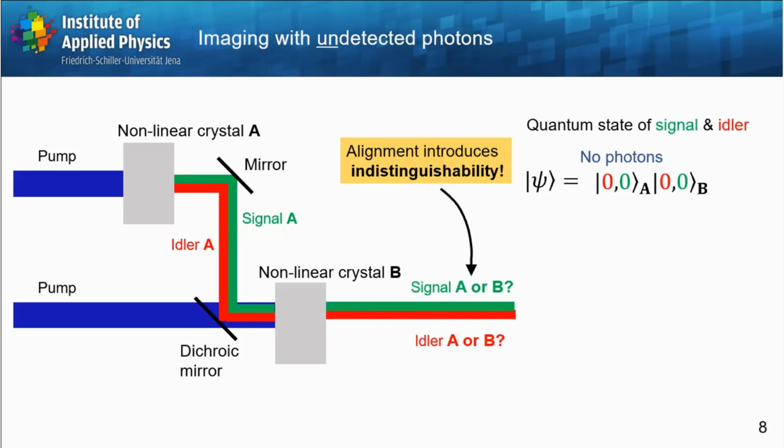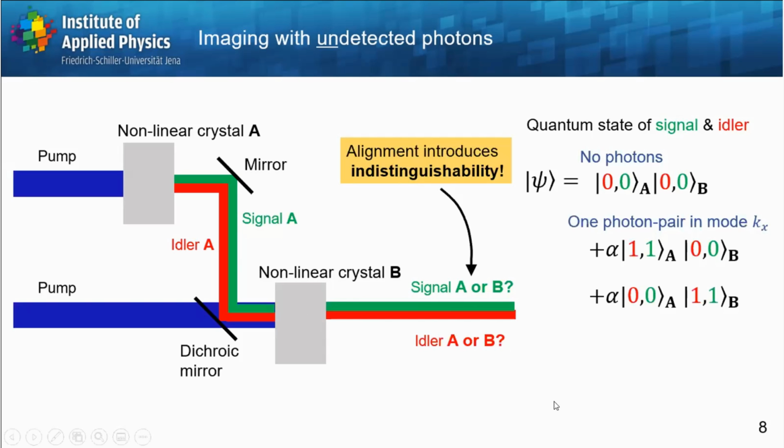One of the possibilities, because it's a probabilistic process with very low probability, is that none of the crystals create a photon pair. So the first possibility is that everything is zero, no photons. There is another possibility, of course, that one photon pair is created in crystal A, but no photons are created in crystal B, and also the other way around: zero in A, but one photon pair in B. I just wrote this for one particular mode, but you know there are many modes.